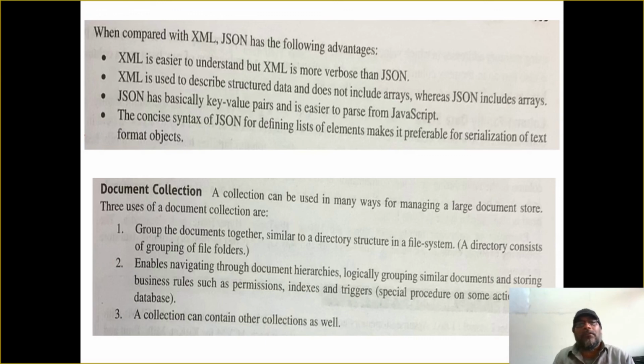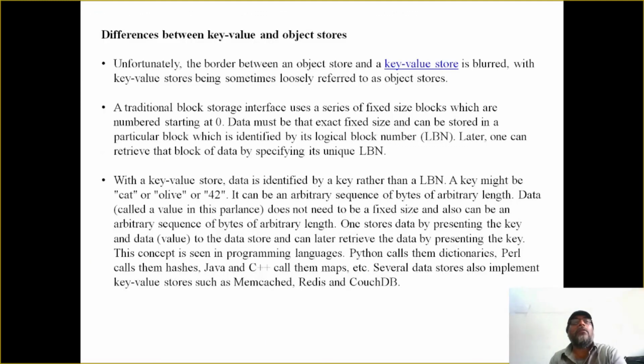A directory consists of a grouping of file folders. It enables navigating through document hierarchies, logically grouping similar documents, and storing rules such as permissions, indexes, and triggers. Triggers are special procedures run on some actions in a database. A collection can contain other collections as well. Okay, a collection can also have other collections.